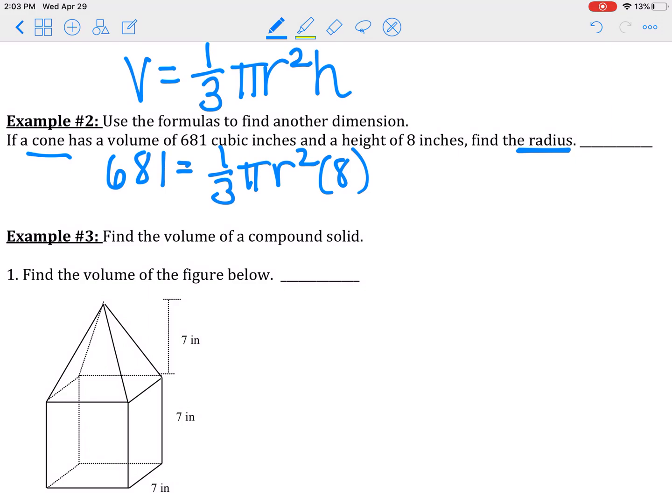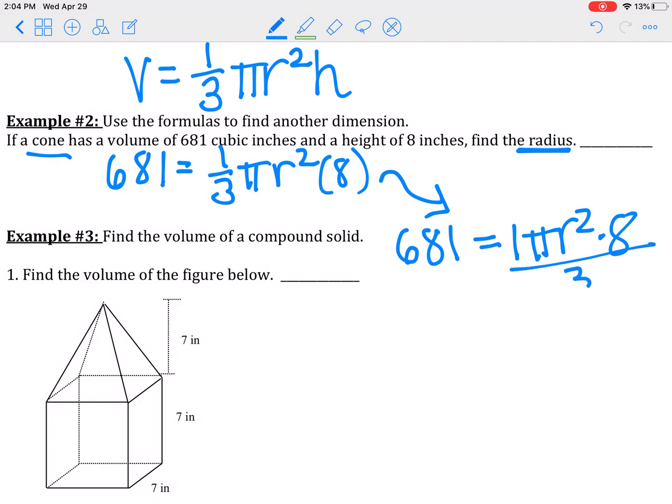Hey, some of you may be stuck with how to solve for r from here. I'm going to show you how to simplify it. Multiplying by 1/3 right here is the same as dividing by 3. So it's easier if you were just to rewrite it as 1 pi r squared times 8 all over 3. Okay, let's simplify this numerator more by multiplying the 1 and the 8.